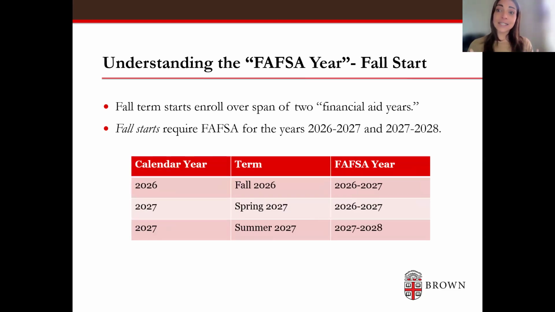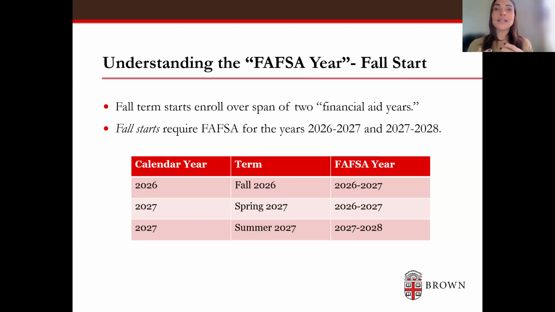This next slide is dedicated to students who may be starting their enrollment in the fall term instead. With respect to the fall term, this is an important piece because for purposes of a FAFSA year, as it pertains to financial aid eligibility, for a student that begins their enrollment in the program as of the fall term, essentially their financial aid eligibility determination is covered over the span of 2 financial aid years.